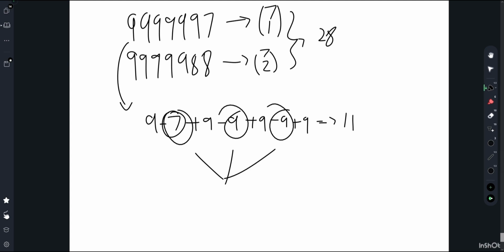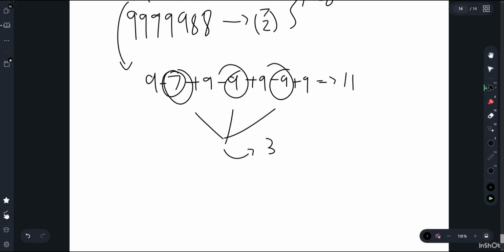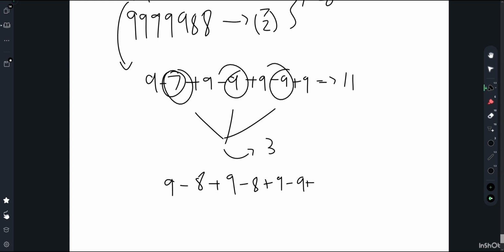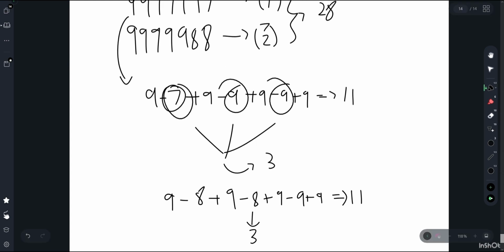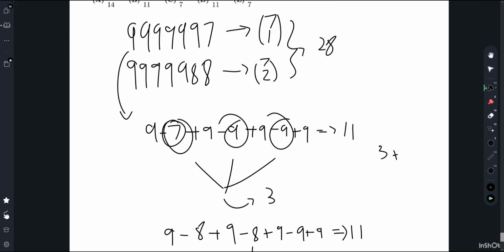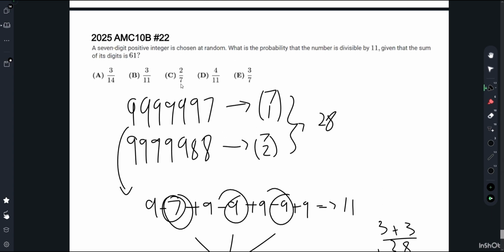So this gives us 3 ways. Now, for the 8s, we have to put them in 2 minus spots as well, as this is also equal to 11. So there's 3 choose 2, which is 3. So our total is 3 plus 3 over 28, which is 6 over 28, which is 3 over 14. So our choice is A.